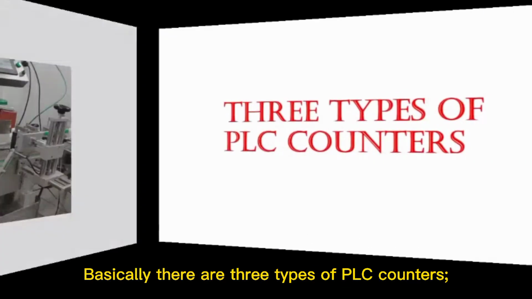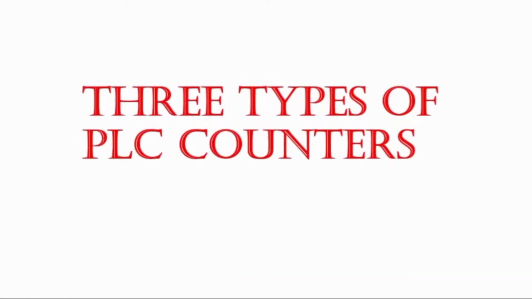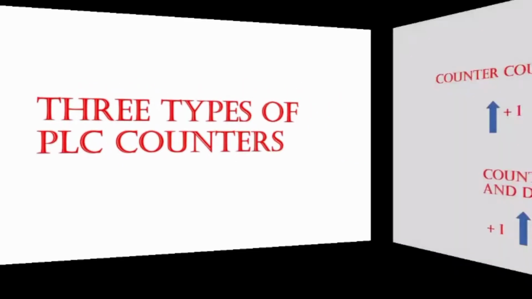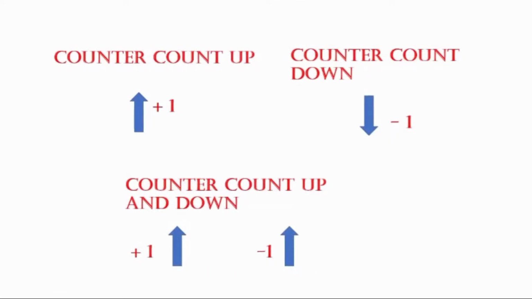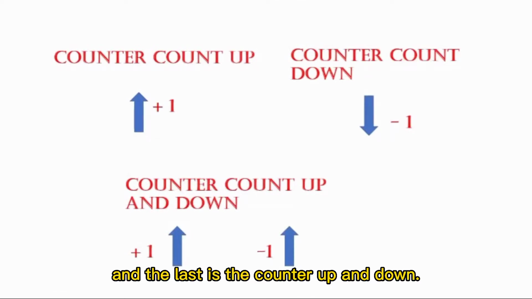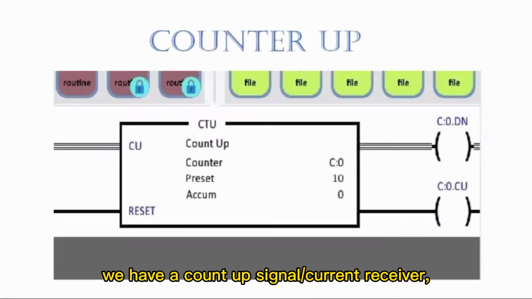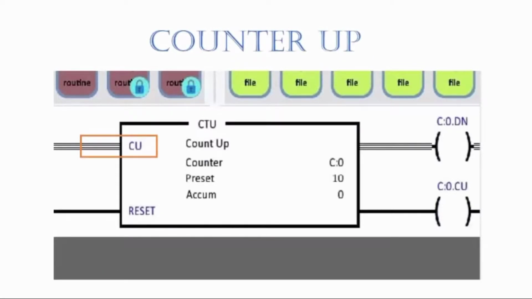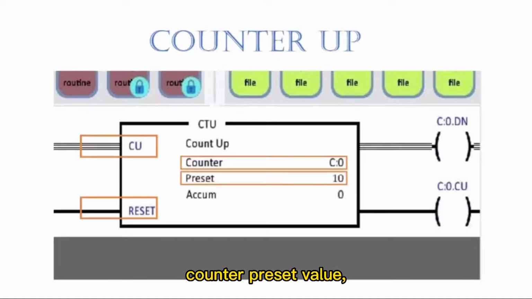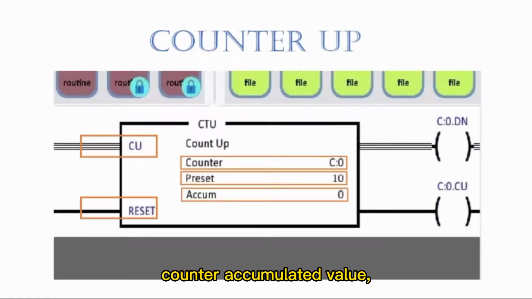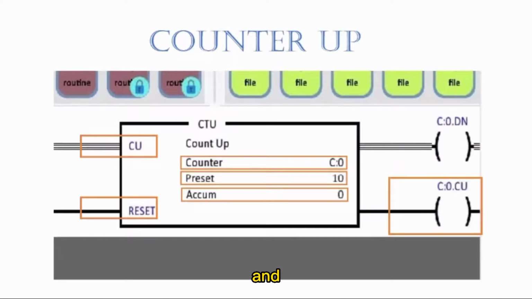Basically, there are three types of PLC counters: the counter up, the counter down, and the last is the counter up and down. For the counter up, we have a count up signal receiver, reset signal receiver, counter file name, counter preset value, counter accumulated value, counter count up bit, and a counter down bit.